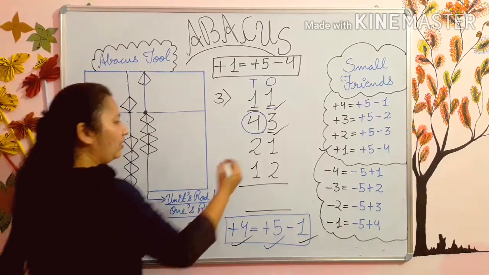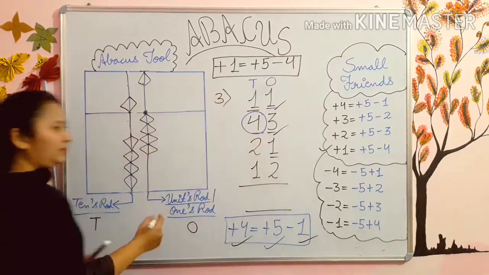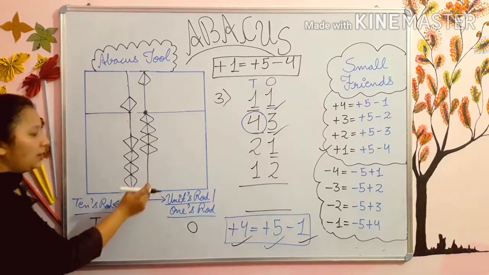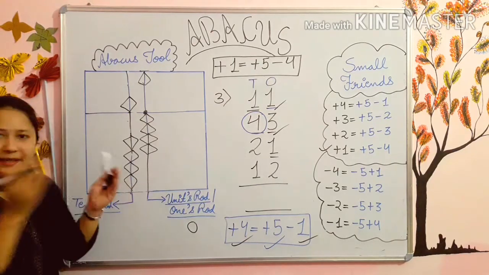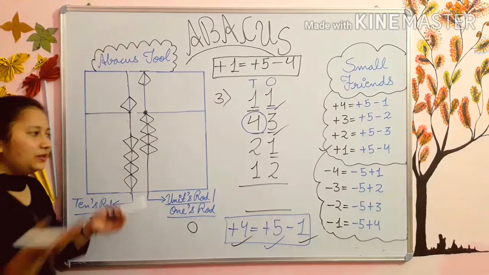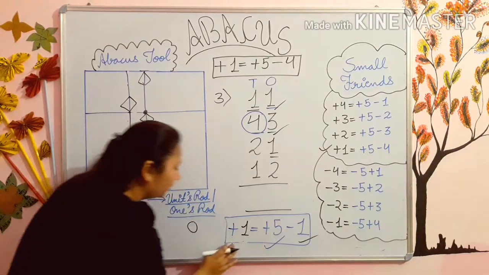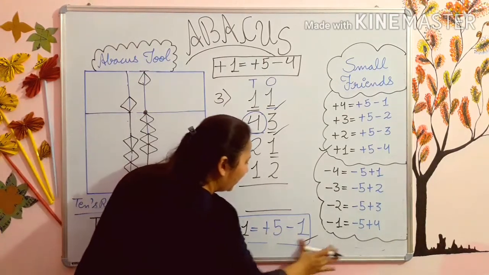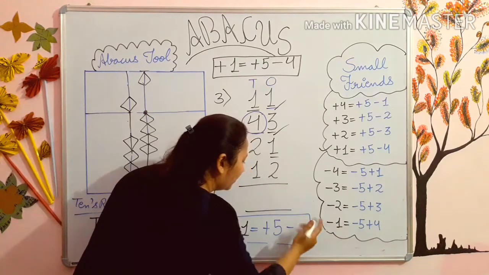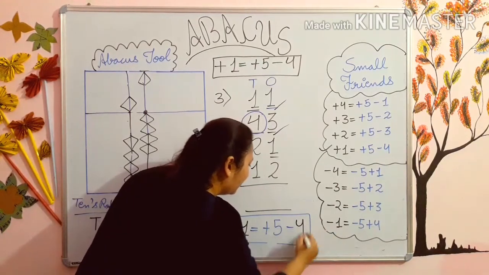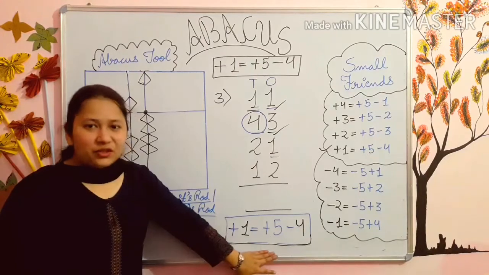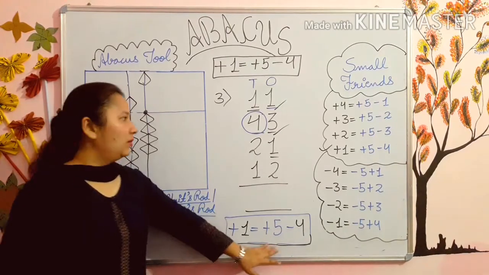Now we will go for this 1 in ones rod. Now you have to add 1 but the bead is not there. So this is our today's topic, which is +1 is equals to +5 minus 4. So this is our today's topic and formula.